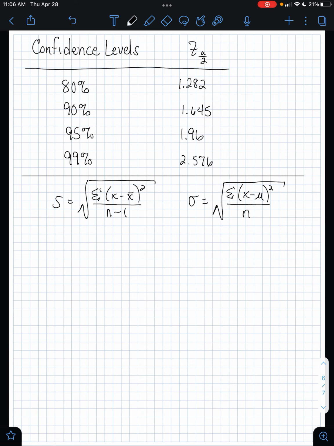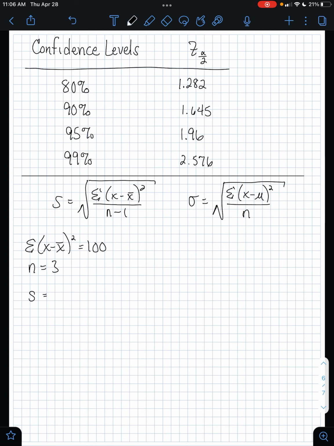That difference is very noticeable when n is small. So let's suppose for a moment that the sum of the squared deviations is 100, and let's do a sample size of 3, a very small sample size.